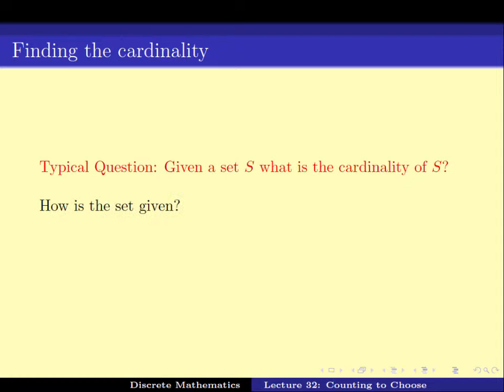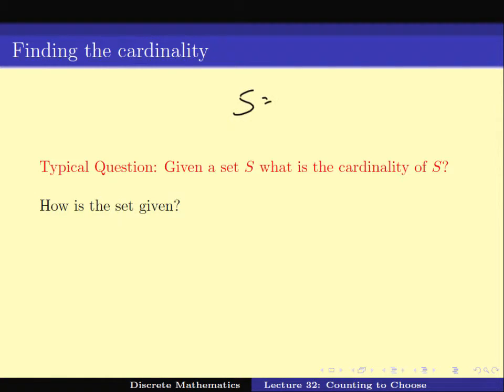Now, the main question is, how is this set given? As I told you, if the set is given explicitly, meaning, say, the set S is the set of 1, 2, 4, 6, 9, 10, now you can just go and count it and say, oh, the set has 6 elements.